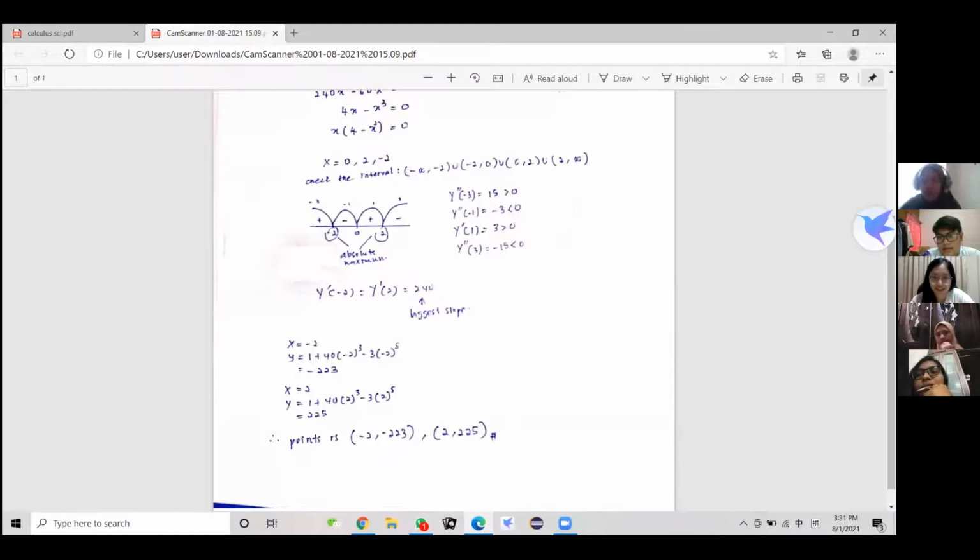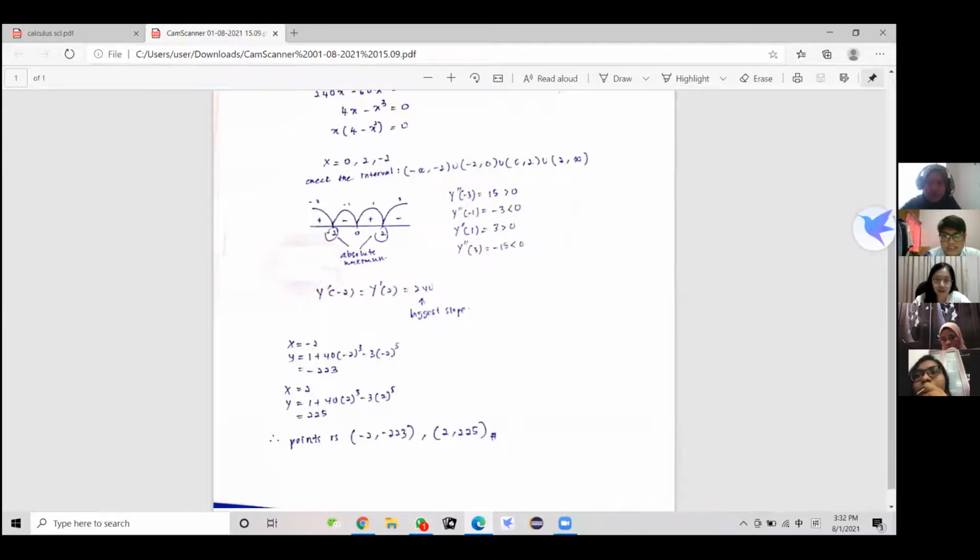When we check -2 and 2, we also get 240 slope. So we got 2 critical points that give the maximum.